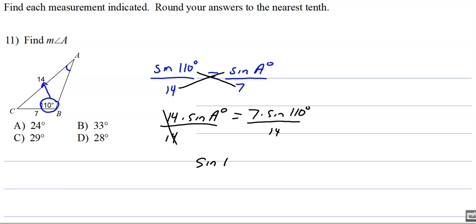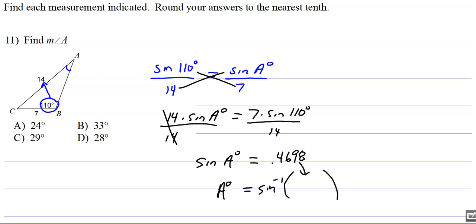That's going to give me the sine of A equals 7 times sine of 110 divided by 14. So I'm getting 0.4698, blah, blah, blah. Whenever you want to find the angle, you've got to use the inverse.